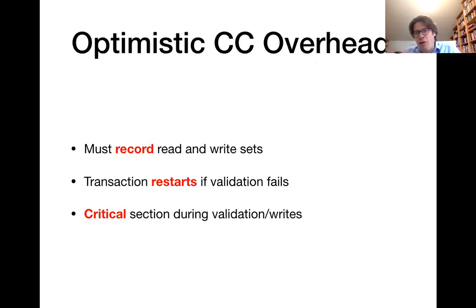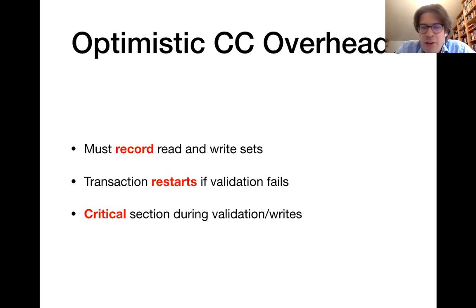All right. Of course, there are some overheads. I'm saving the overheads for locking, but now I need to keep track of the read set and the write set. And of course, if my validation phase does not check out, then I have to first abort and then restart the current transaction. And if conflicts are quite frequent, that is a high source of overhead.